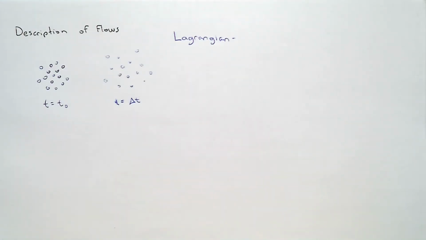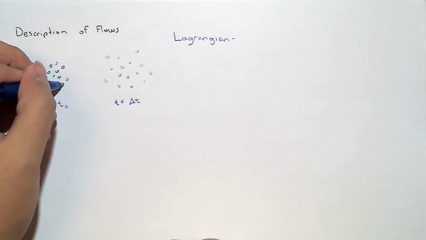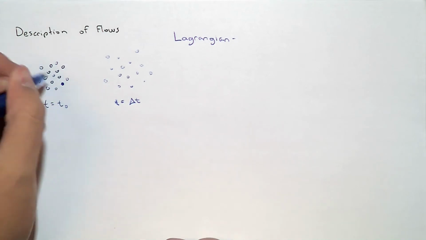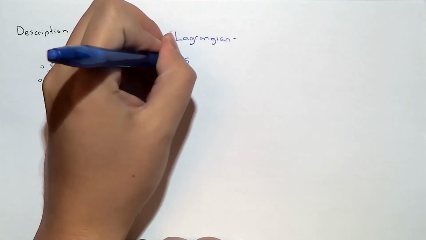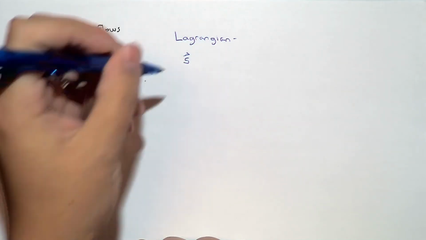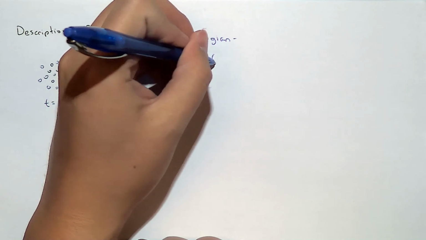And the Lagrangian description, named after Mr. Lagrange, essentially focuses on the properties of individual particles. And by looking at individual particles, we can come up with relationships that are simply functions of time. For example, in the Lagrangian description, if we're looking at one specific particle, let's say the particle that I just shaded, I can say that the position of my particle is simply a function of time.